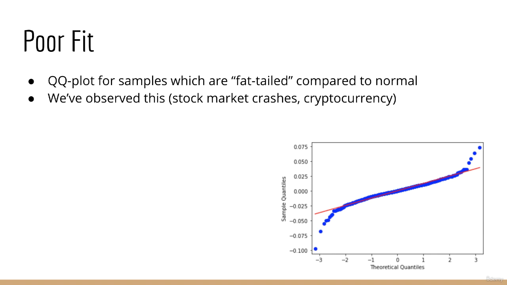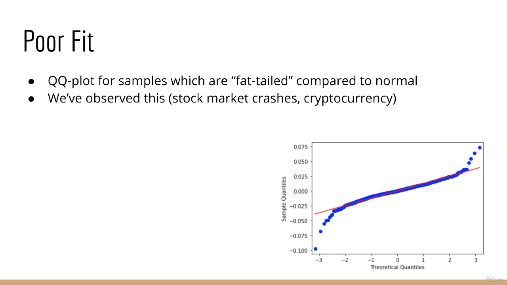Let's look at what would happen if your data does not fit the theoretical distribution. Here's a common scenario in finance where your data is more fat-tailed than the normal. That means your returns are more extreme than what would be predicted by the normal distribution. We know this to be true because sometimes the stock market crashes, or sometimes things go up in value very quickly, such as cryptocurrency.